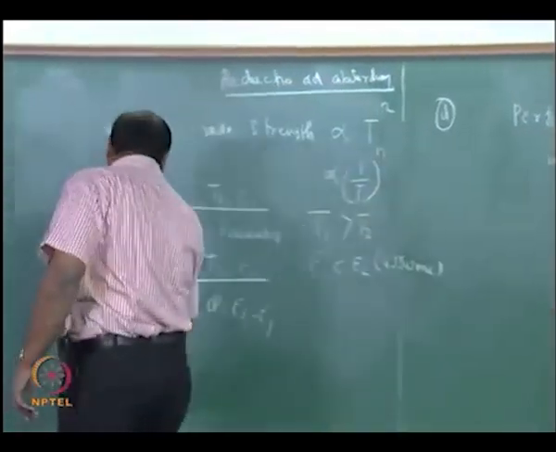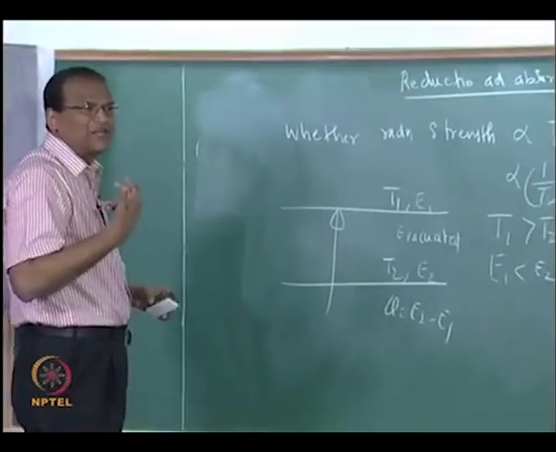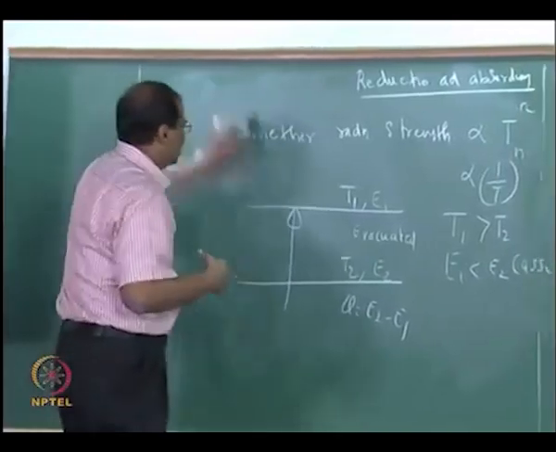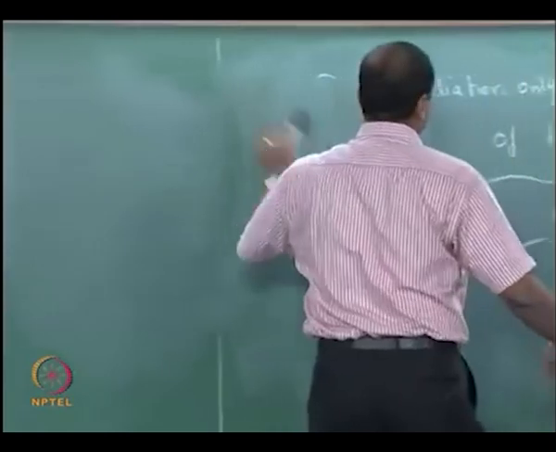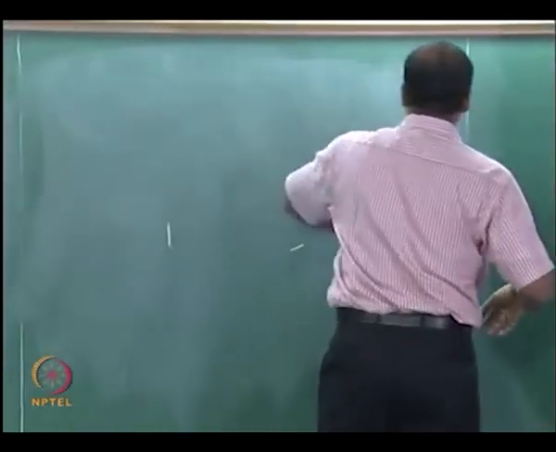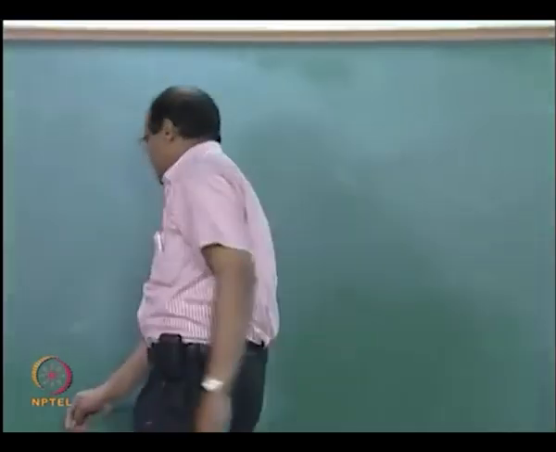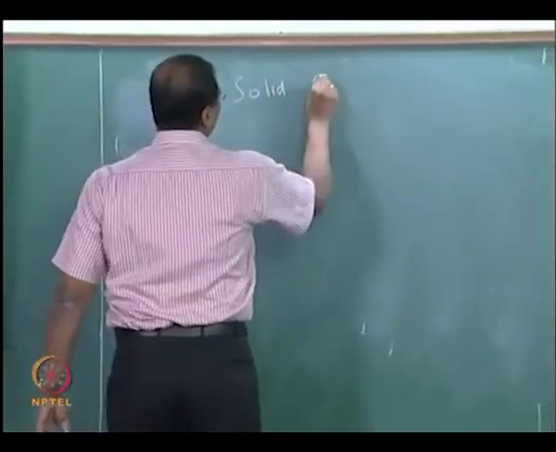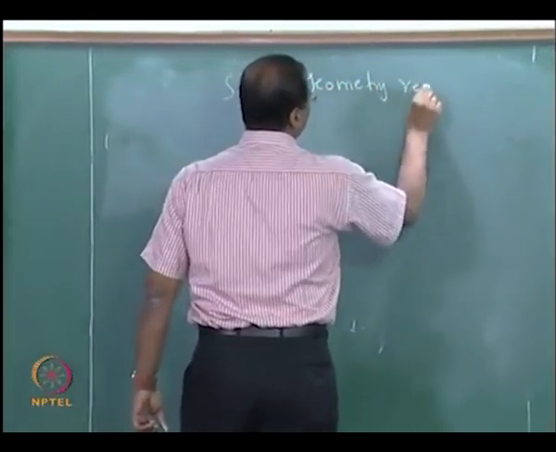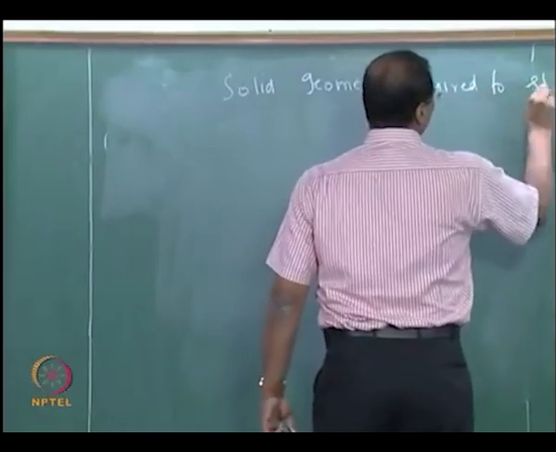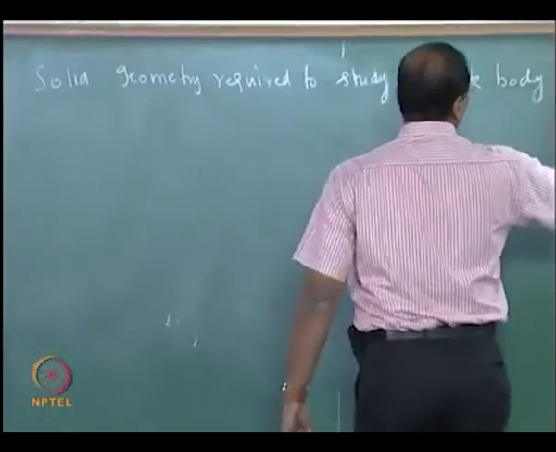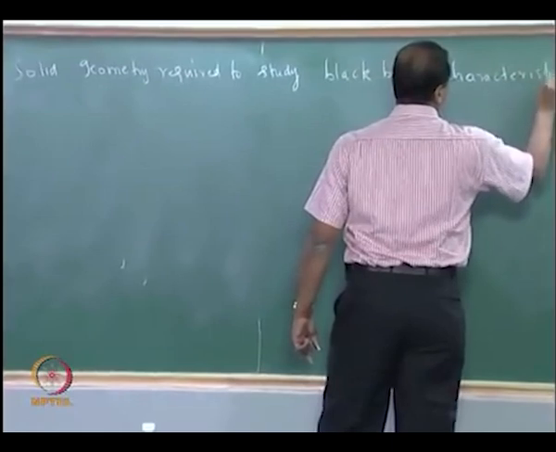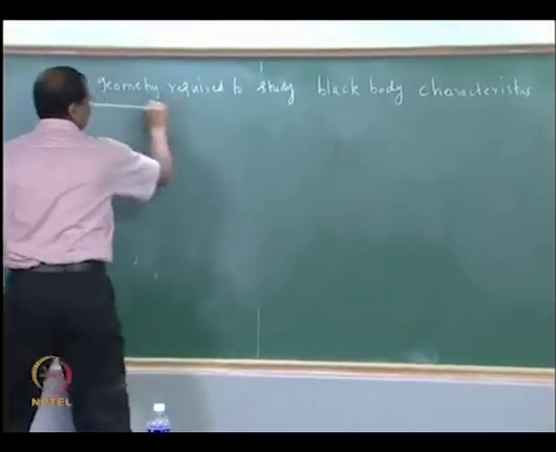In order to derive the black body characteristics, that is the quantitative aspects of the black body behavior, it is imperative that we study a little bit of solid geometry. So solid geometry is required to study black body characteristics.